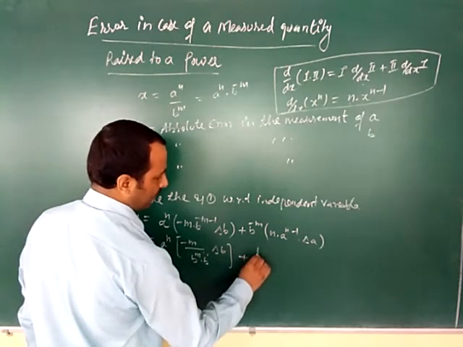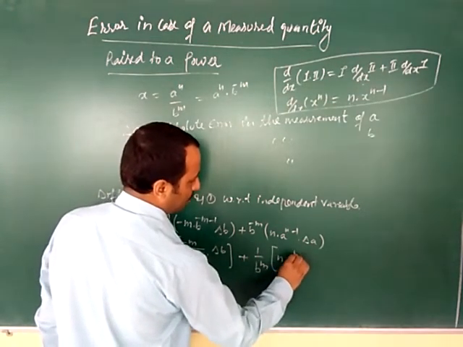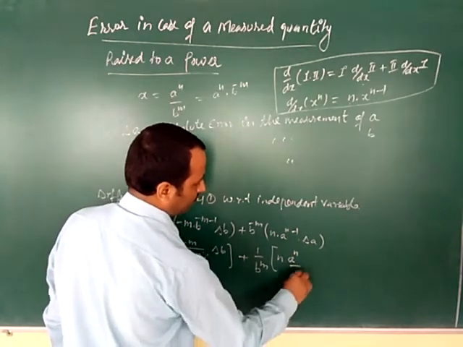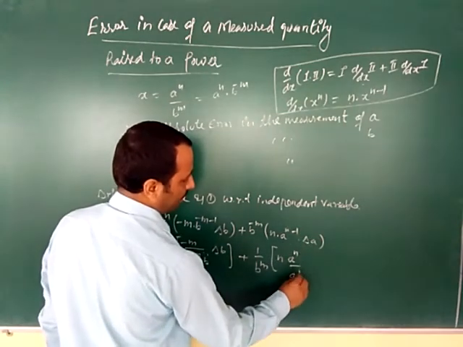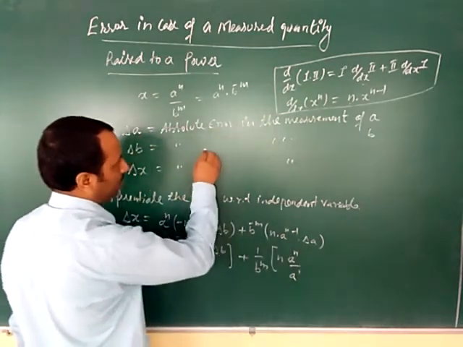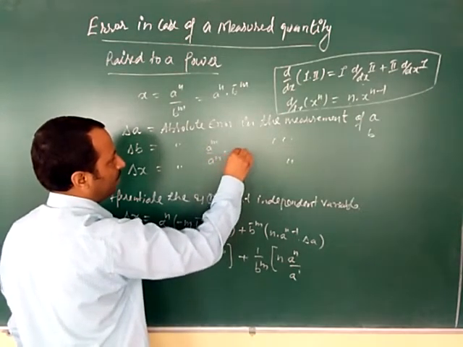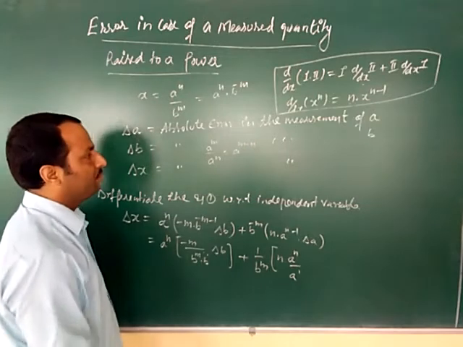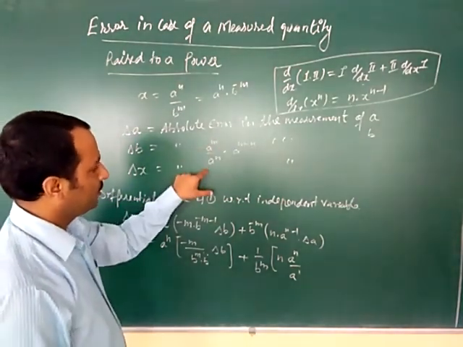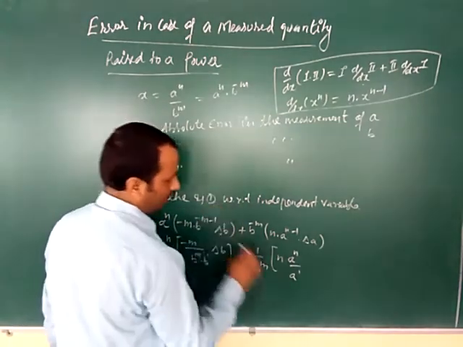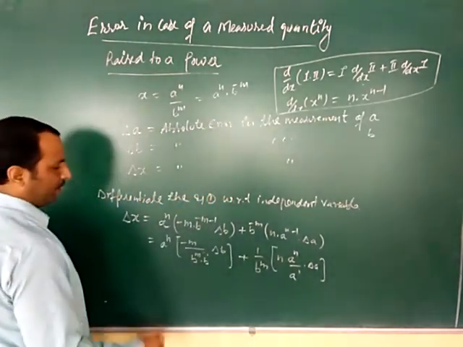Plus, this can be written as 1 upon b to the power m, n into a to the power n upon a to the power 1. This minus sign will come here, so it will become plus. What we have learned, a to the power m upon a to the power n can be written as a to the power m minus n from the law of exponents. So this can be written in this way, into delta a.